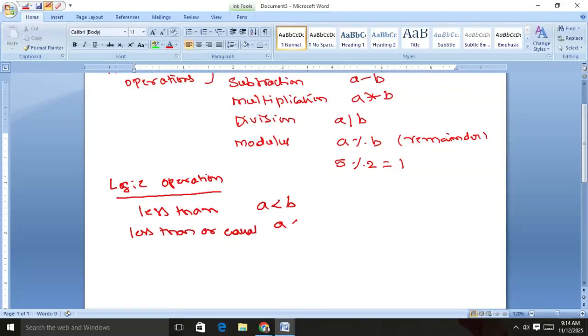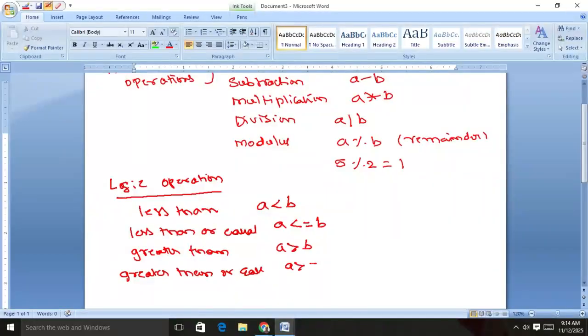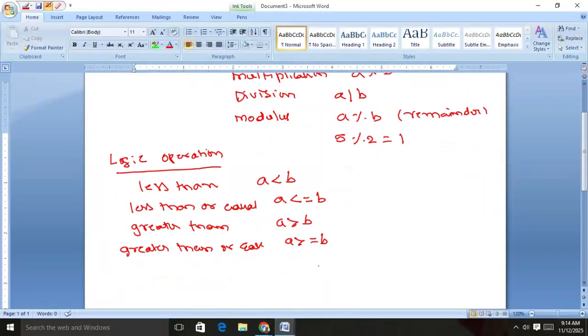It is not possible in a computer to write it below, hence we write these operations side by side: a less than or equal to b, greater than, a greater than b, greater than or equal, a greater than or equal to b, right?